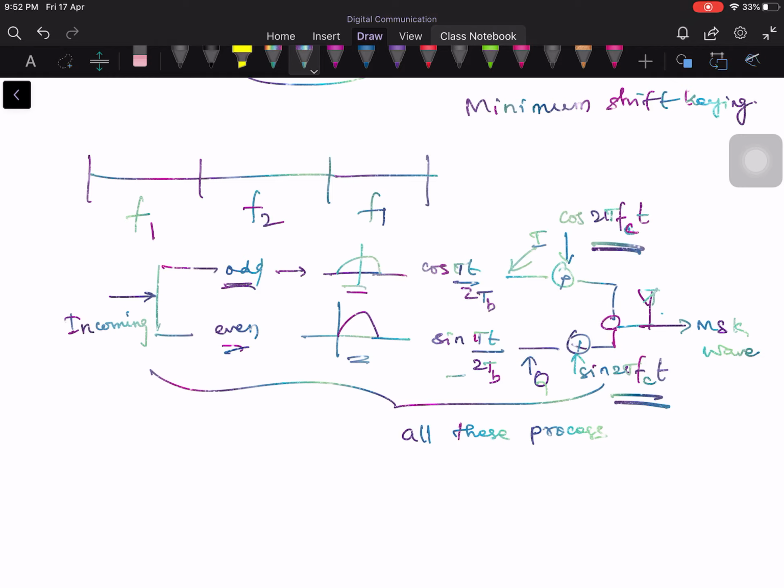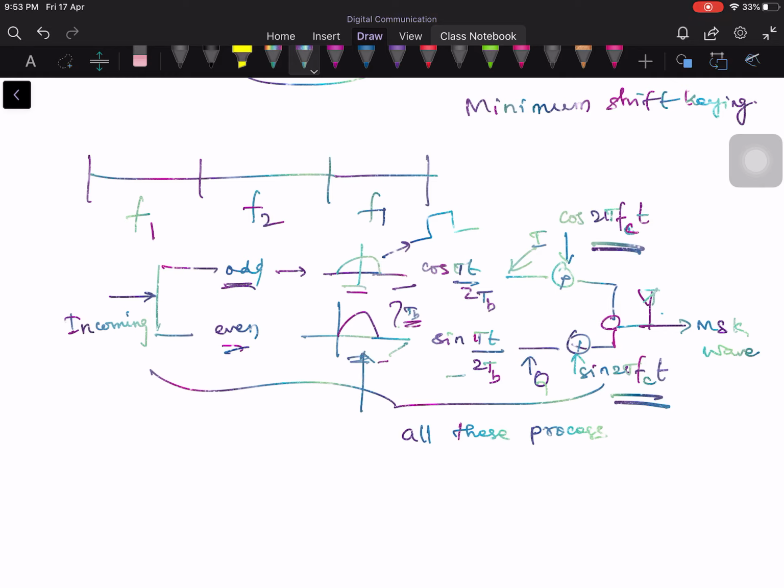The only difference, as I told you already, between MSK and offset QPSK is that offset QPSK uses rectangular pulses instead of these half cosinusoidal pulses. But look here: the I bit channel and the Q bit channel are both offset by Tb seconds, a half shift.